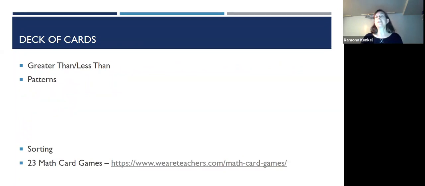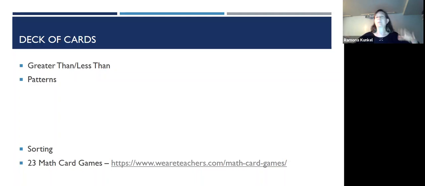Another thing that I found works really well is a deck of cards. You can use them really simply. Again, we're talking about basics, students that are just starting to learn these concepts. Sometimes even the concept of greater than and less than can be a little daunting to some students.